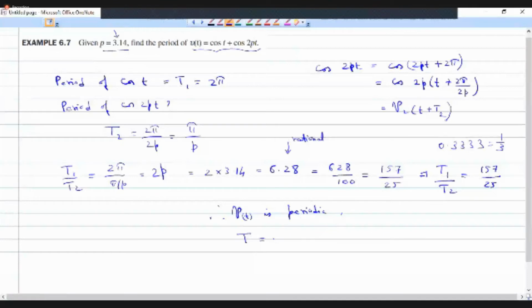You can cross multiply this, and you can write t is equal to 25 t1, which is equal to 157 t2. Take out any one. So 25 into what is t1? T1 is equal to 2 pi, right? So that will be equal to 50 pi.